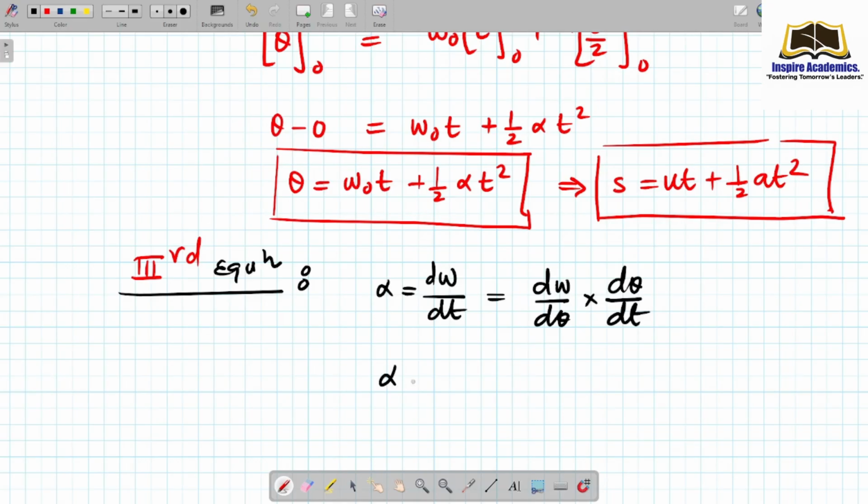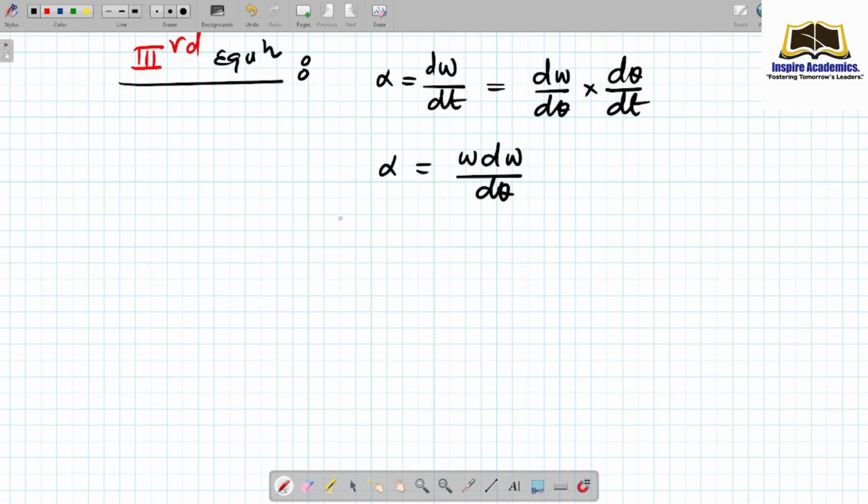So I can write alpha as d theta by dt will be omega, so omega d omega upon d theta. Or we can say that omega d omega equal to alpha d theta. Now let us limit and integrate it.